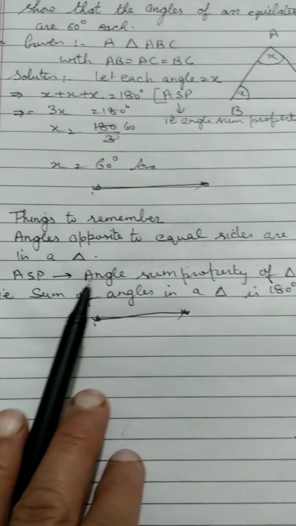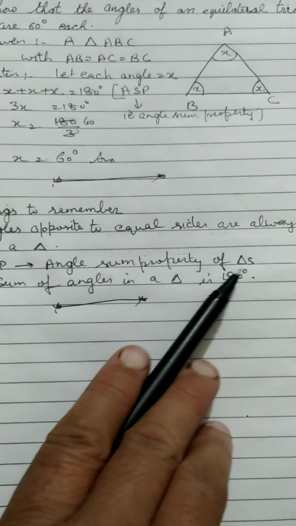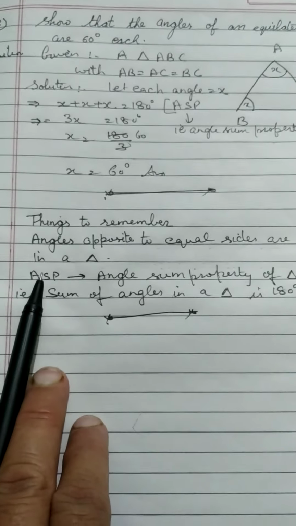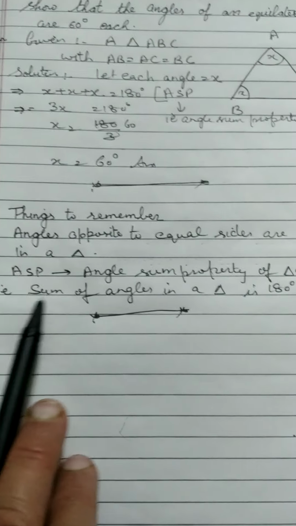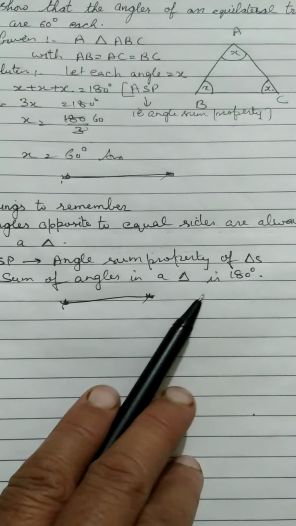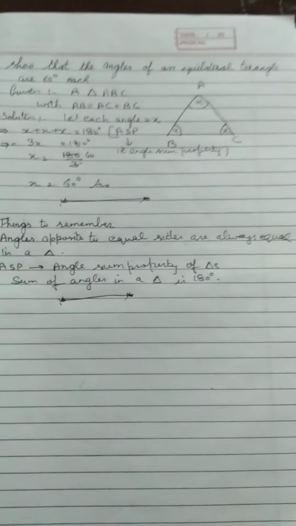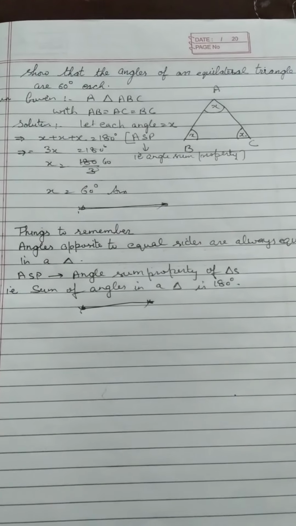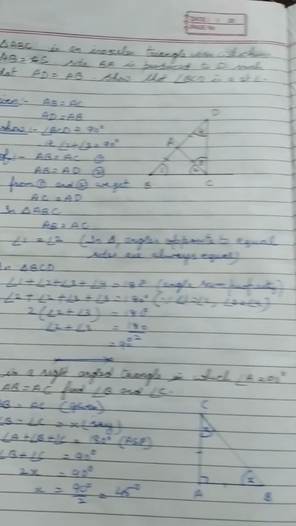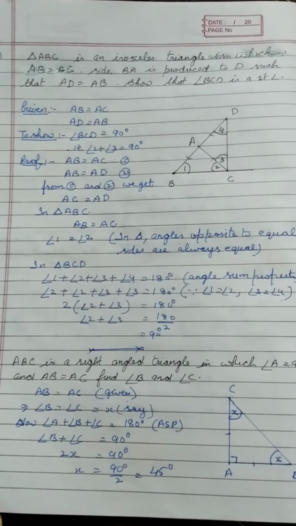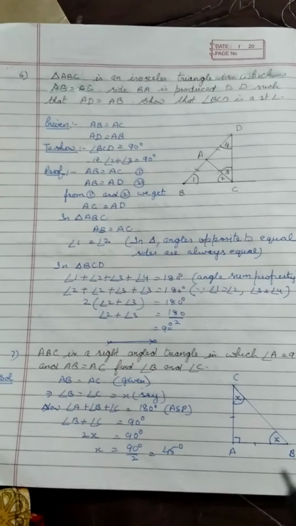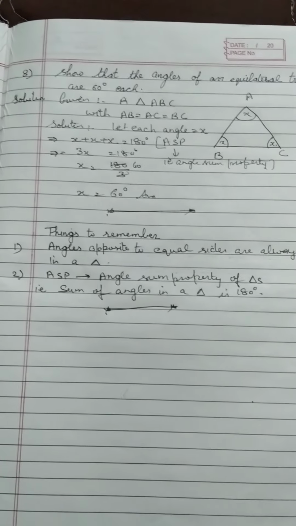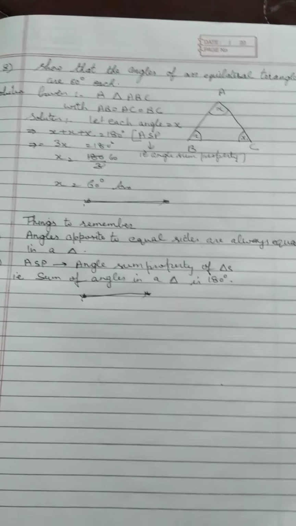The ASP means angle sum property of triangles, that is, the sum of angles in a triangle is 180 degrees. Now this is the complete proof of these exercises: question number 6 and question number 7, and this is question number 8 and the things to remember.